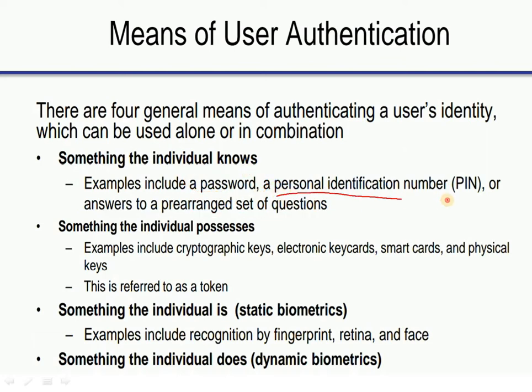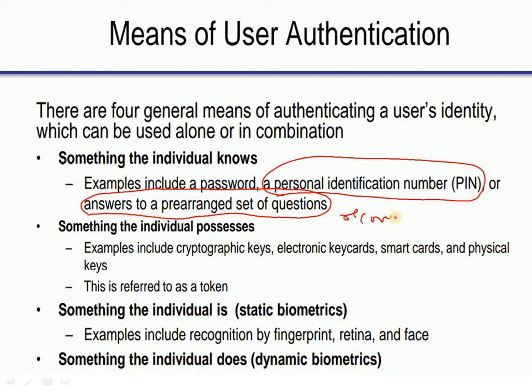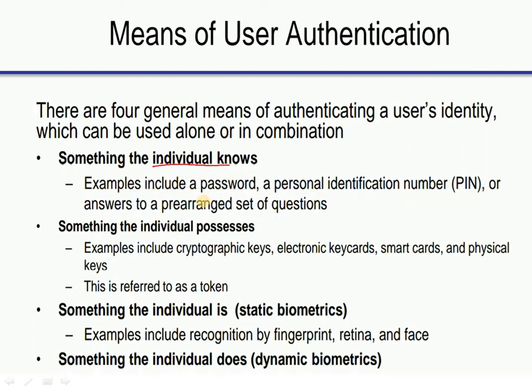A PIN will be generated on the user side only, where he can enter the PIN and make authentication. Also, some pre-arranged questions will be set. You might have seen this in recovering a password. When you are recovering a password, it asks you a set of questions. Based on the answers to the questions, your password will be recovered, and this also is known to the individual person. So this is the first means, something the individual knows.